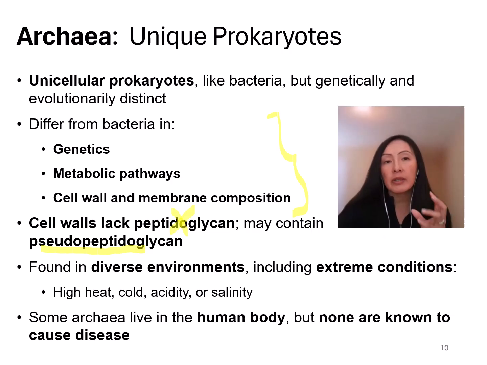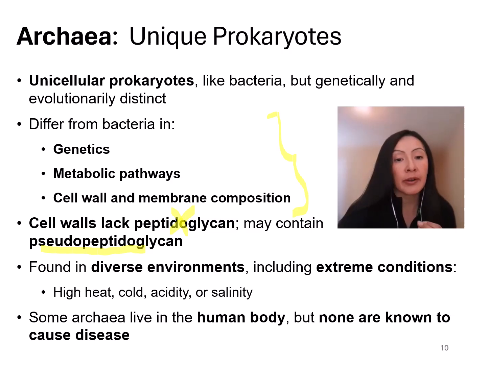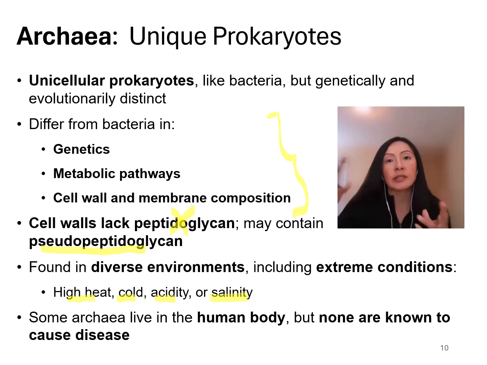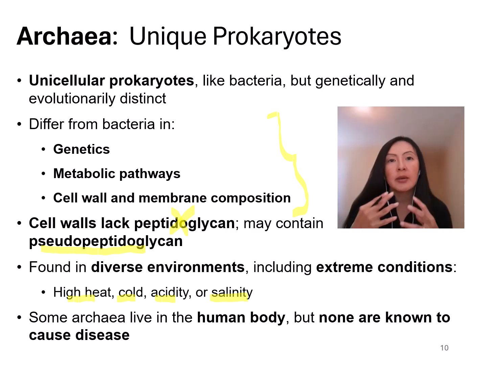They can often also be found in extreme conditions, including very hot, very cold, acidic, or salty conditions that you might not find other microbes in. And some of them do live on and inside of our bodies, but so far no archaea have been found to cause diseases in humans yet.